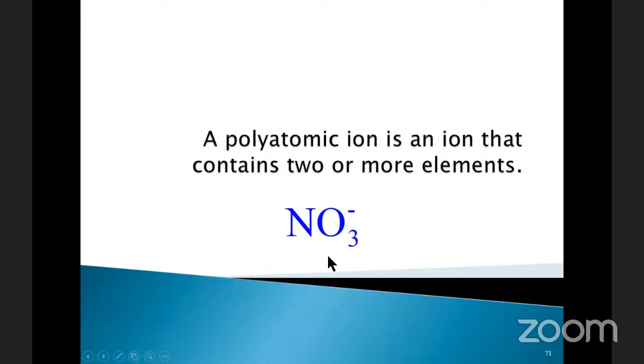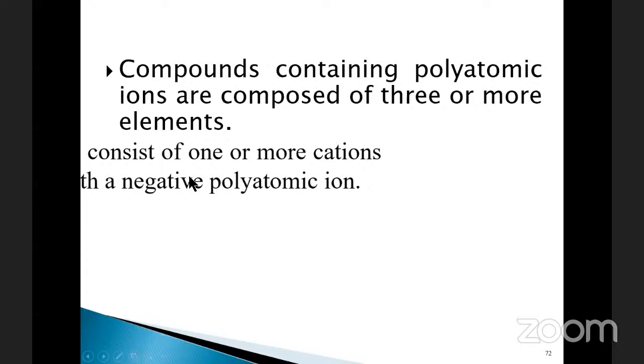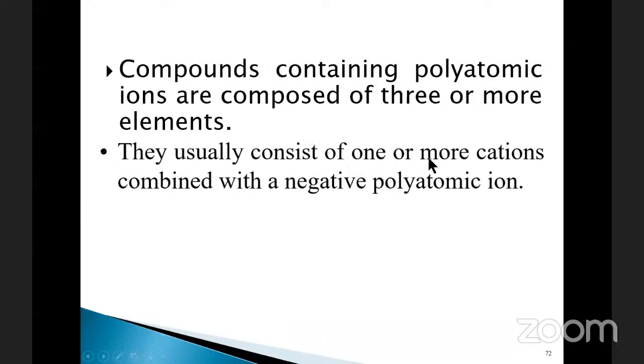And there are several examples of polyatomic ions we can point to. Now, basically, what you'll find is that compounds containing polyatomic ions are made up of 3 or more elements, all right? They usually consist of 1 or more cations combined with a negatively charged polyatomic ion. So here's one example, right? This compound is known as sodium carbonate.